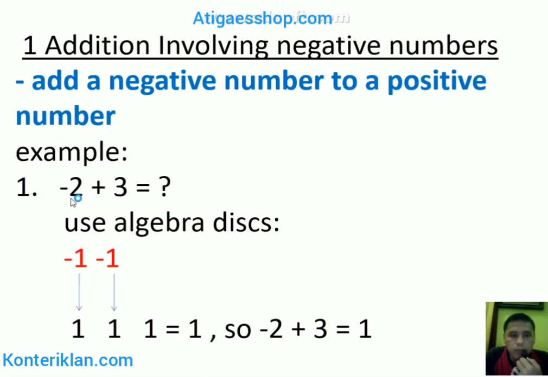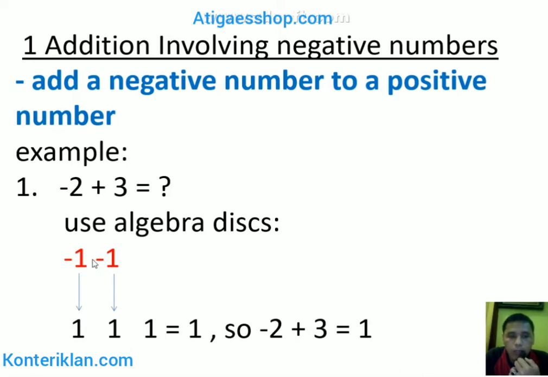For negative 2, we use the red tile, which is negative 1, two times, because this is negative 2. So we put negative 1, negative 1. For 3, we put 1 three times: 1, the second one, the third one.